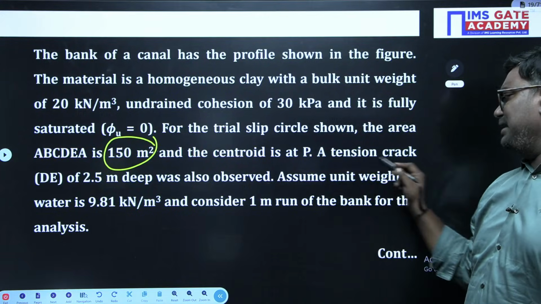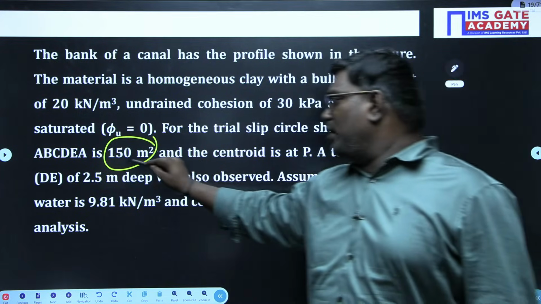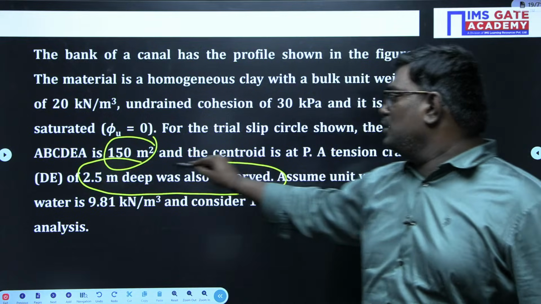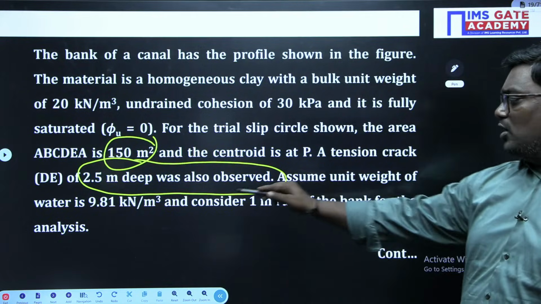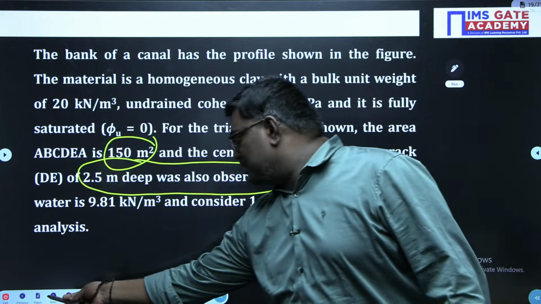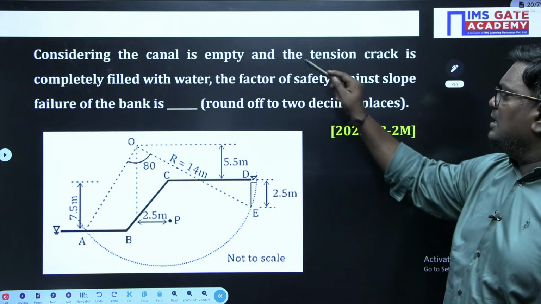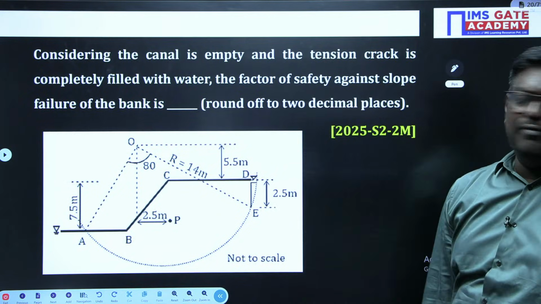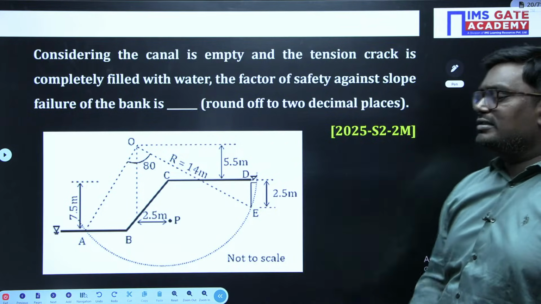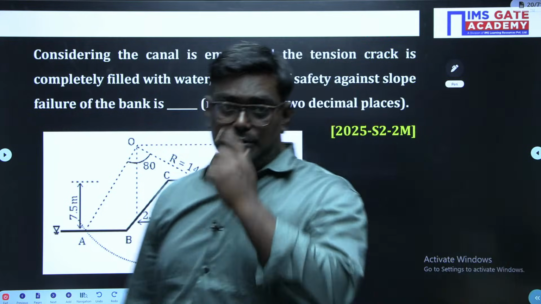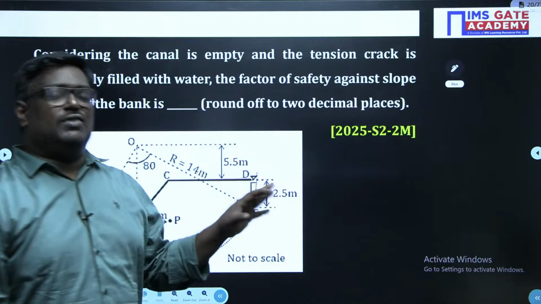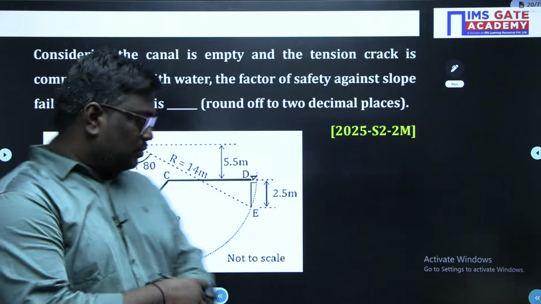The centroid is at P. A tension crack of 2.5 meter deep is also observed. Assume the unit weight of water, considering 1 meter run of the analysis. Consider the canal is empty and the tension crack is completely filled with water. Find the factor of safety against the failure. So this is a very, very important question, my dear students.